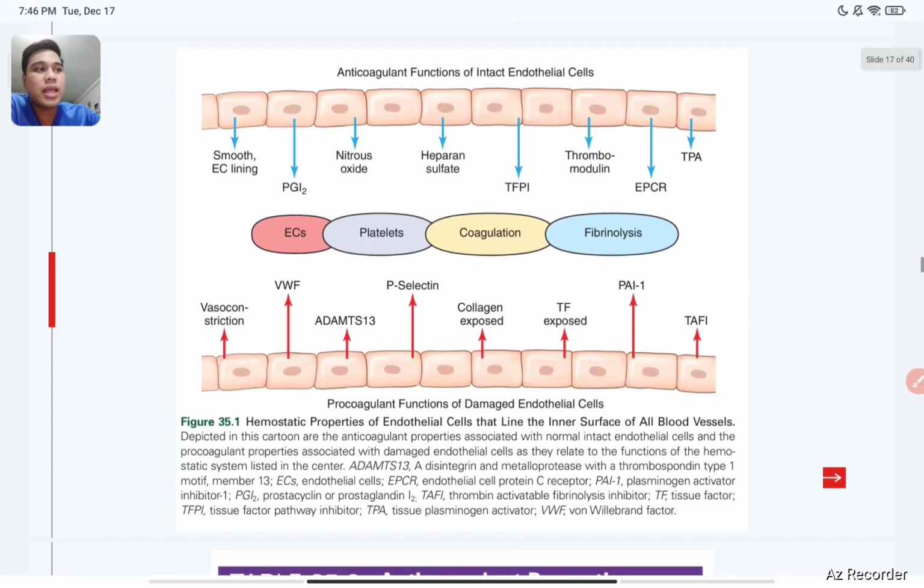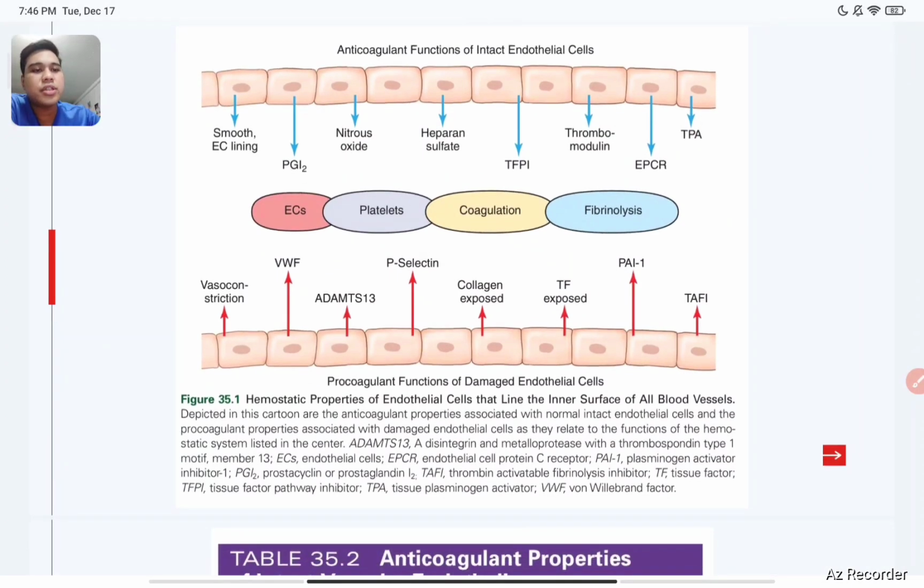So, this is just a diagrammatic representation of the hemostatic properties of the endothelial cells that line the inner surface of your blood vessel.